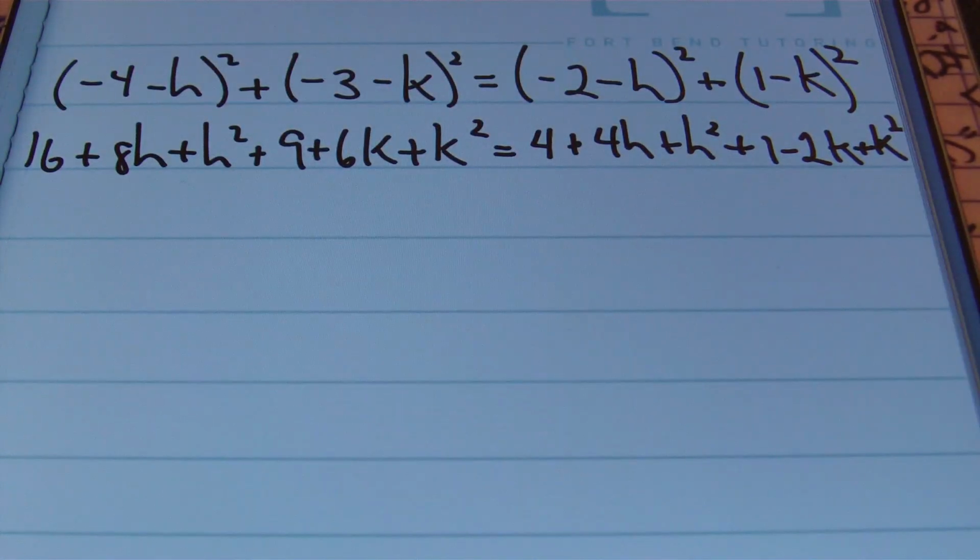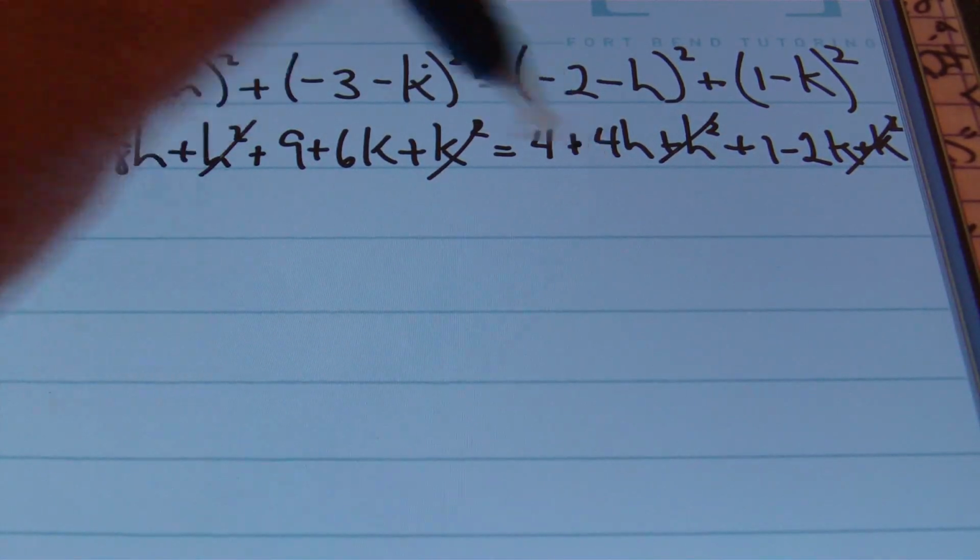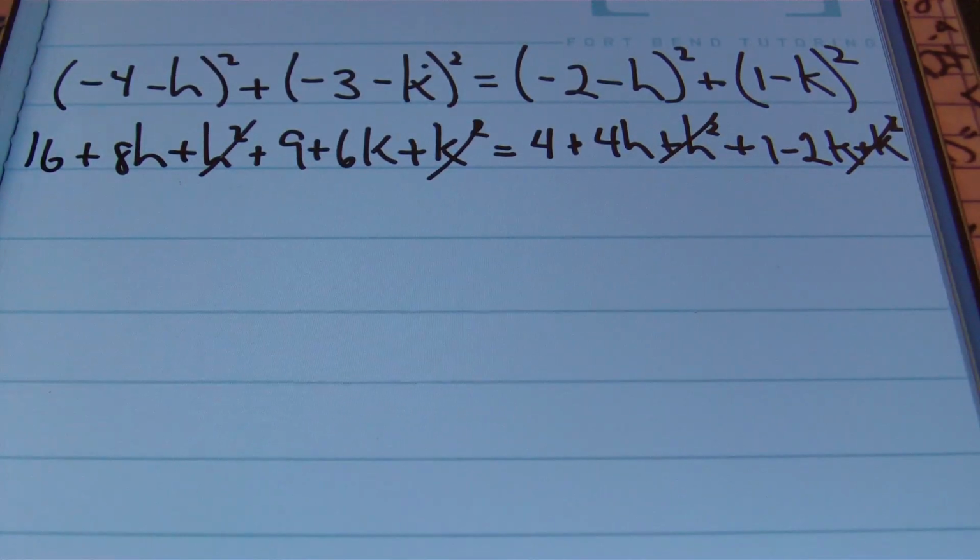All right? So that's what you get after multiplying all that out. From here, we can actually cancel out some things. We'll be able to cancel out our h squareds as well as our k squareds, because if you were to subtract both sides by h squared, both would cancel out, and if you were to subtract both sides of the equation by k squared, they would both cancel out.